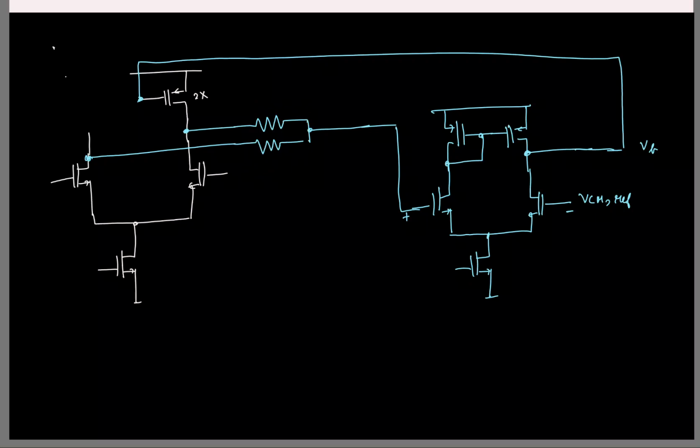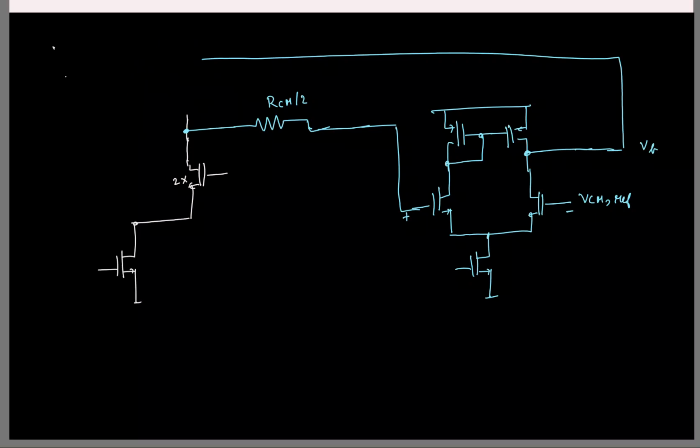So I can just have one of the resistors. The value is RCM by 2. So the NMOS will also do this. This is the common mode half circuit. Okay. And I'll slightly redraw the PMOS so it's more clear.